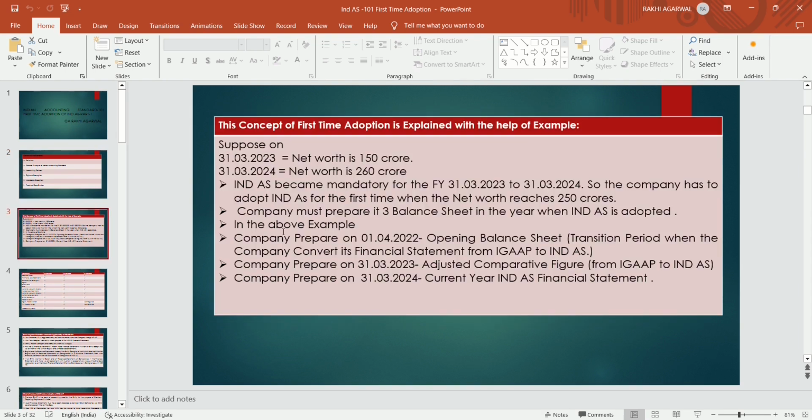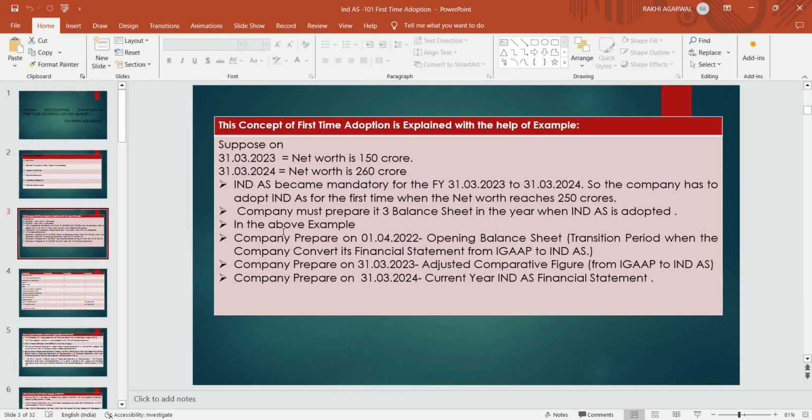Firstly, we will discuss the entity who adopts Ind AS for the first time. Generally, Indian companies whose net worth as per phase 1 criteria exceeds 500 crores and who are listed companies; in phase 2 criteria, the net worth becomes 250 crores, and even if the company is not listed.